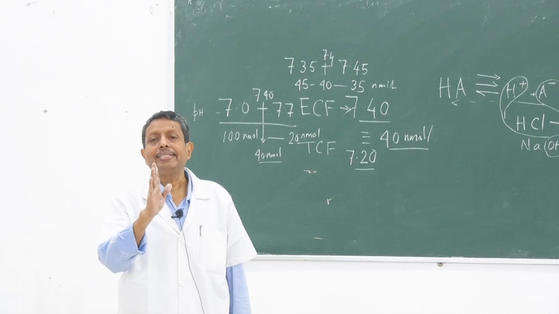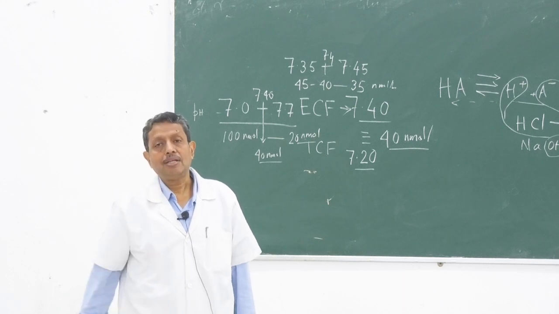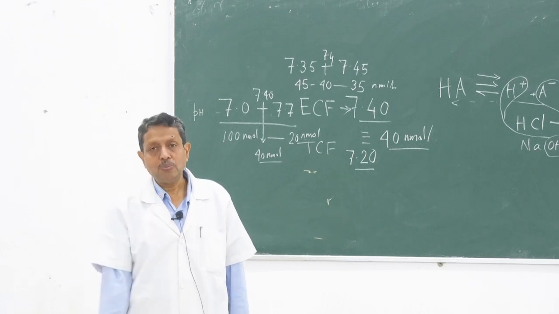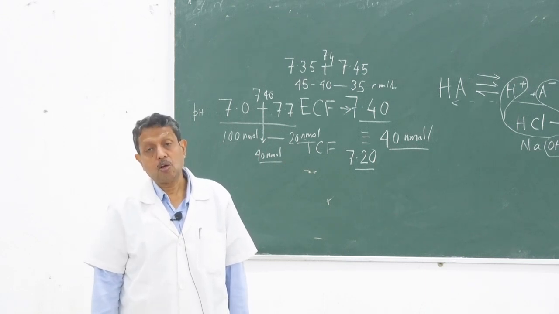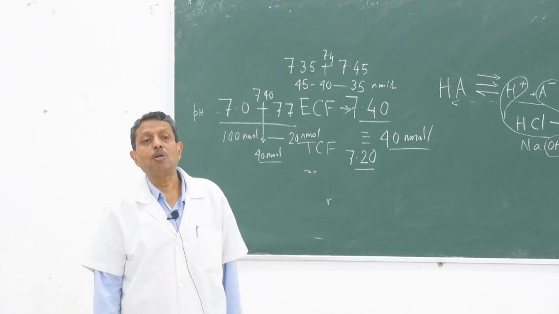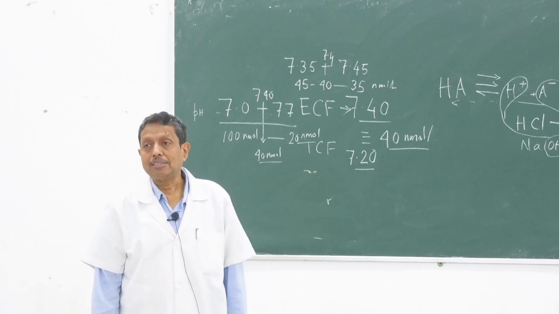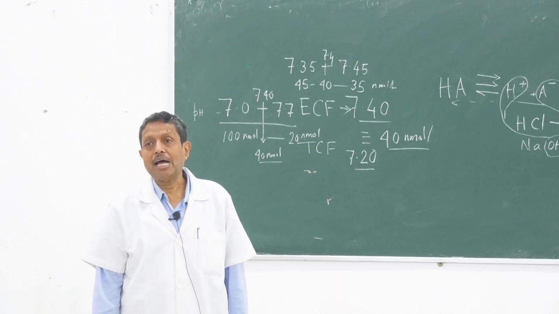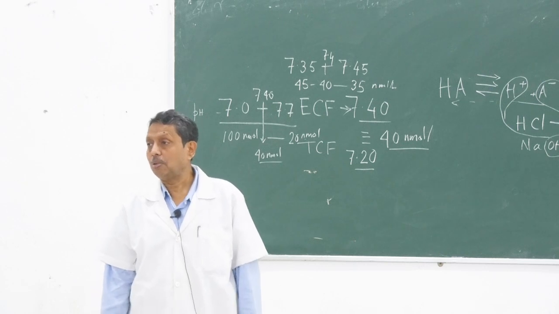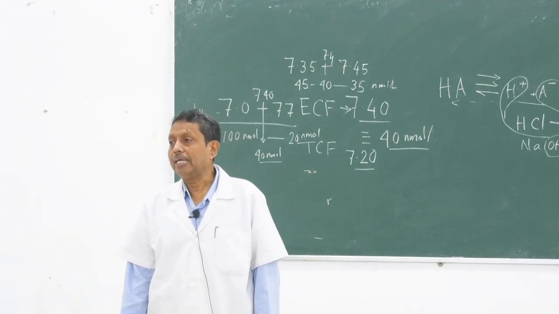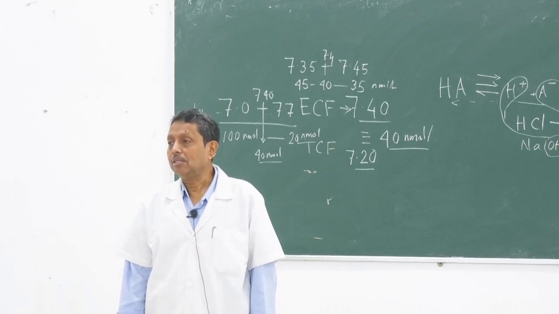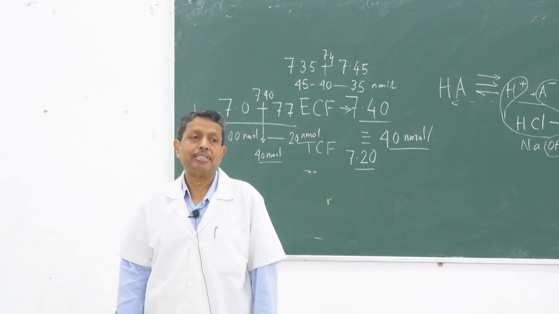So the pH is maintained at a normal, original value. This is the action of these buffers. Acids are produced and they are taken care of by these buffers. They are present in the body, in the extracellular fluid, within the cells, within the blood, within the RBCs, everywhere.